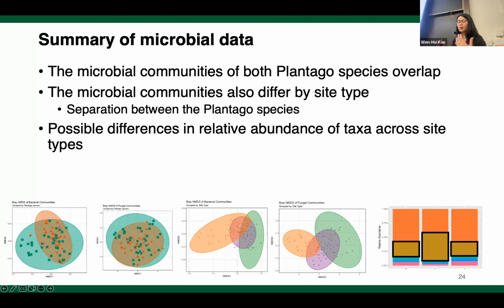And then lastly, I've shown you some of the preliminary trends that I've noticed with the taxonomic bar plots for the fungal and bacterial data. But I still definitely need to further look into the taxonomic bar plots to look at a finer taxonomic resolution, at least to the genera level, and to verify exactly how different these taxa are across the different site types and across Plantago species.